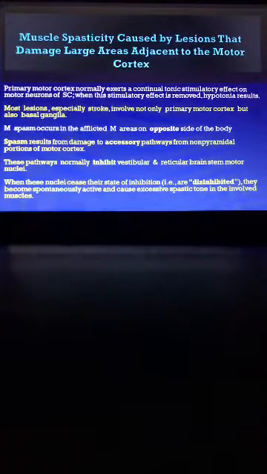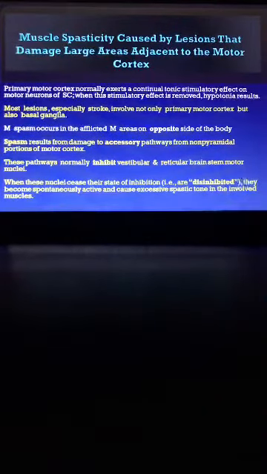Most lesions especially stroke involve not only the primary motor cortex، يعني باعتبار عادة الباثولوجي ما يصير في منطقة واحدة وإنما يضم مناطق أخرى.